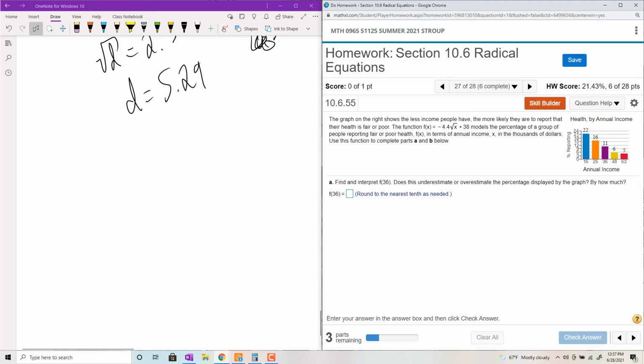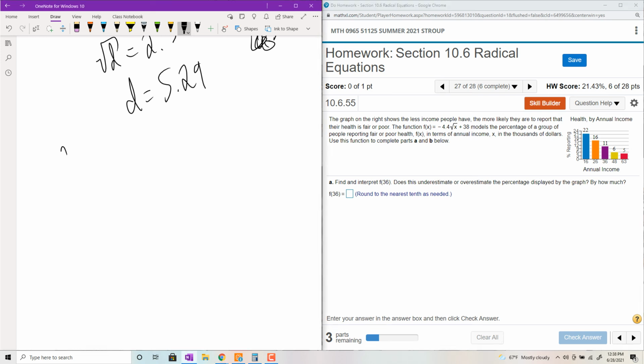Okay, anyways, the graph on the right gives you some sort of health with respect to annual income, whether or not they're willing to report their health, I guess. Let me read the question. The graph on the right shows the less income people have, the more likely they are to report that their health is fair or poor.